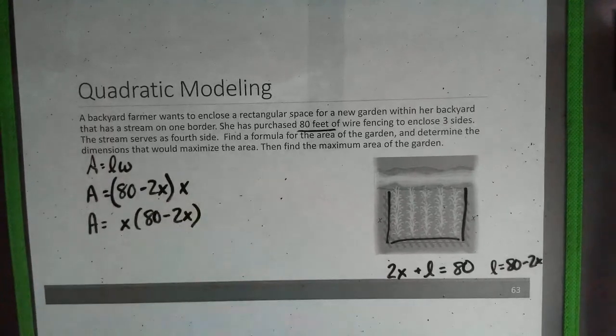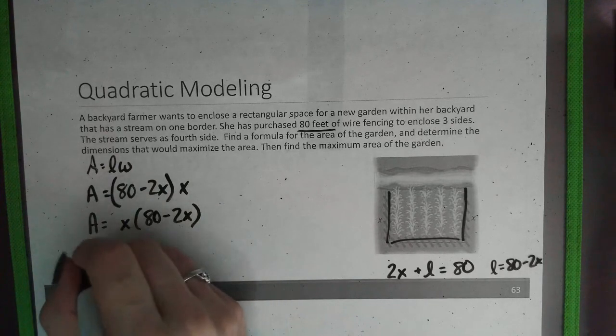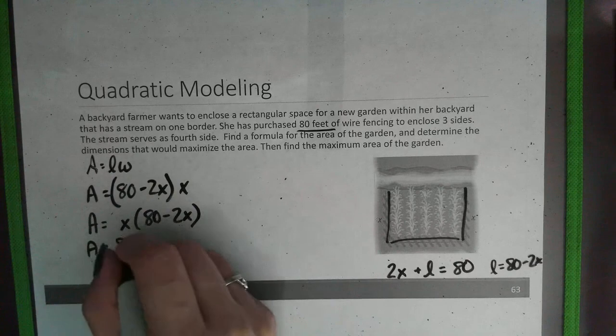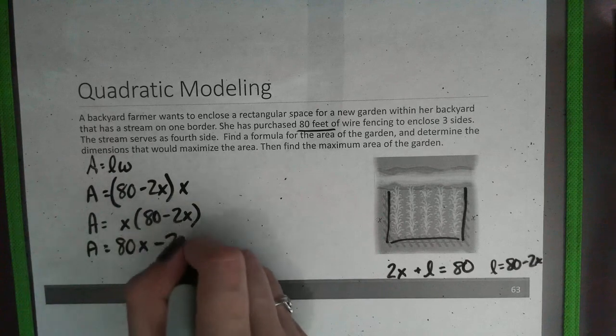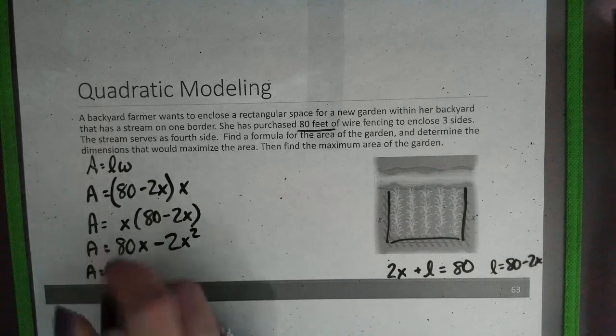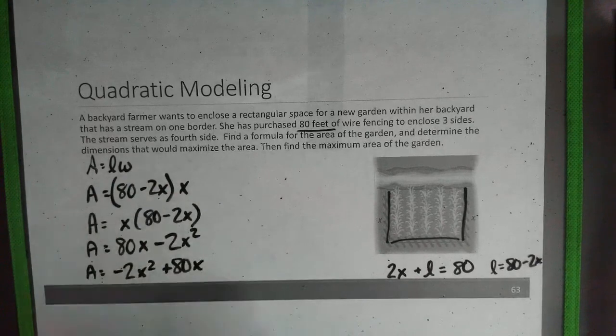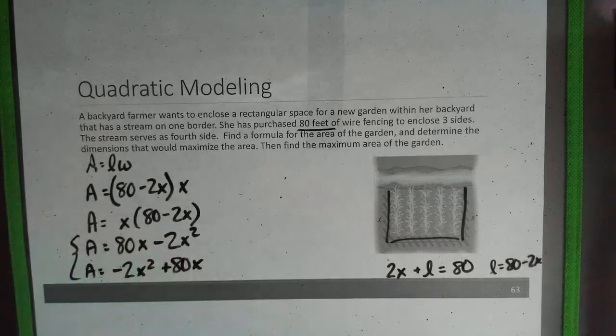The order doesn't matter as long as they're multiplied together. That way I can distribute through the parentheses, and we'll have the area is equal to 80x minus 2x squared, or if you prefer, you can put the x squared first and make it a negative 2x squared plus 80x. Either one of these is perfectly okay. So we have found a formula for the area of the garden.